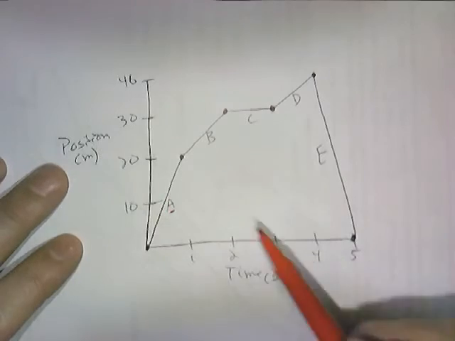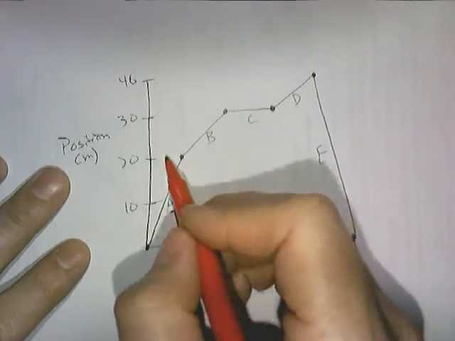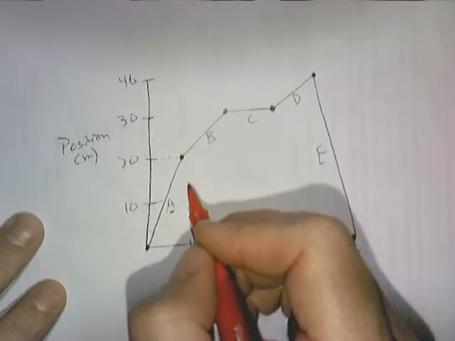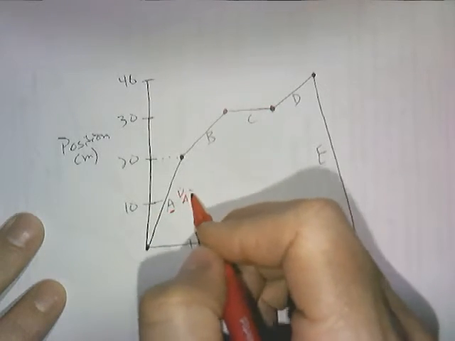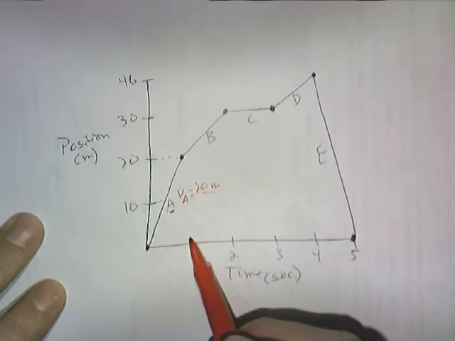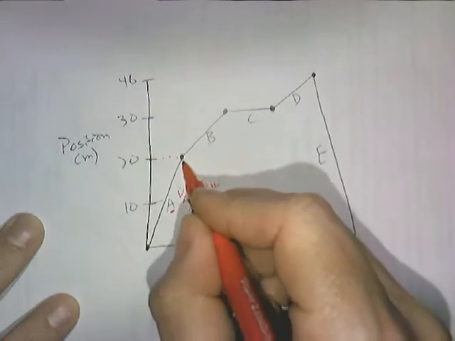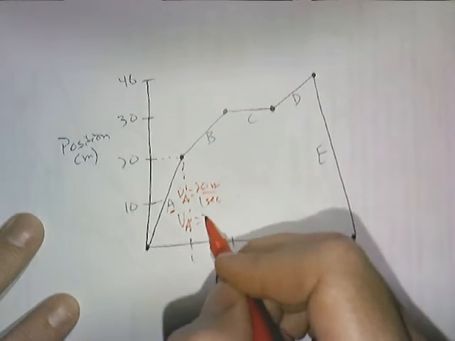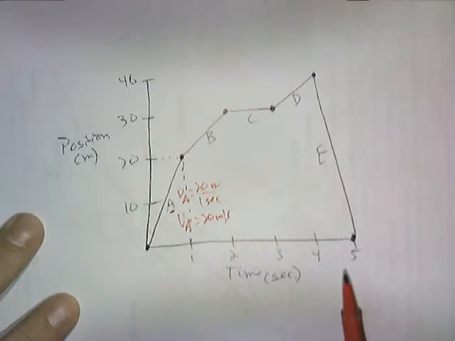Let's see. Position time graph, meters per second are my units. It traveled 20 meters, right? So my speed for A is 20 meters in 1 second, for a speed of 20 meters per second.